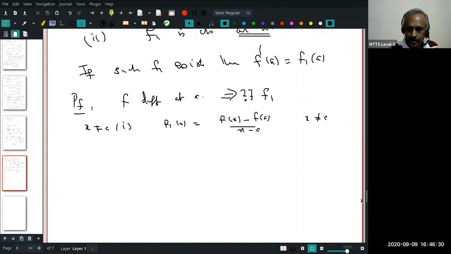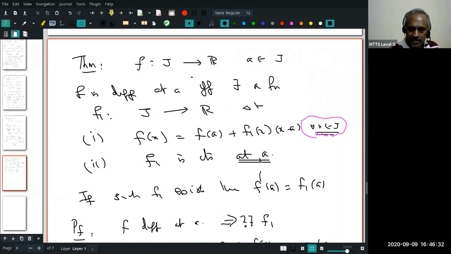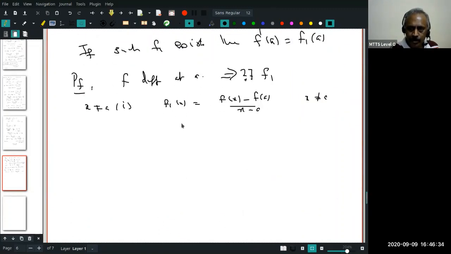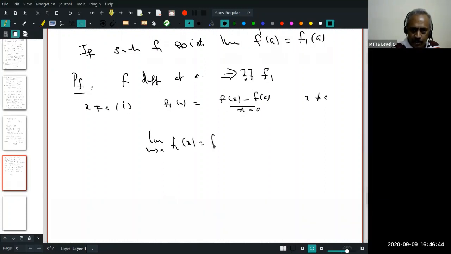And also notice that I want my f1 to be continuous at a. My f1 of x is (f of x minus f of a) by (x minus a). Therefore, if f1 is continuous at a, what should happen? The limit as x tends to a of f1 of x must be equal to f1 at a. But the limit as x tends to a of f1 of x is the same as the limit as x tends to a of (f of x minus f of a) by (x minus a).